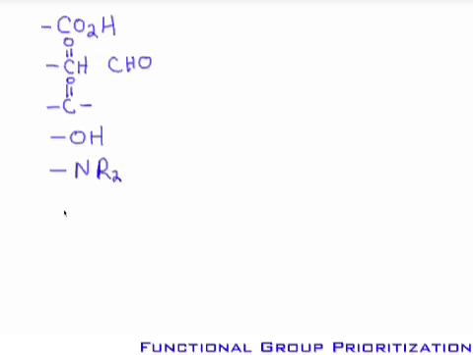This is followed by the alkene, which is followed by the alkyne, which we're coming up to in our nomenclature rules. And then below that we have our alkyls like methyls, ethyls. We have benzenes such as phenols.